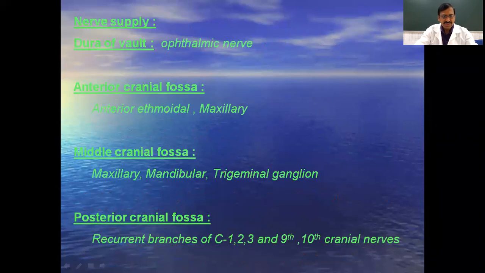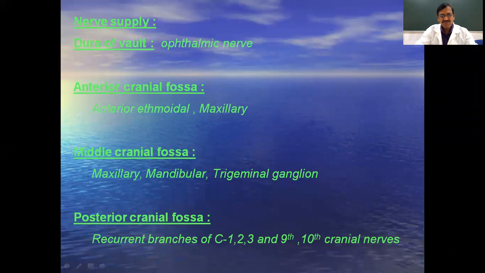Next, what are the nerves of this dura? That is also very important, because whenever there is an irritation of the dura or meninges, it produces radiating pain over the distribution of the nerves. The dura of the vault is supplied by the ophthalmic nerve. The anterior cranial fossa is supplied by the anterior ethmoidal and maxillary nerves.